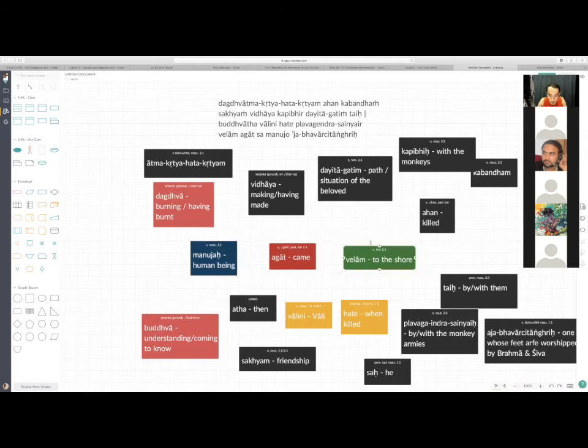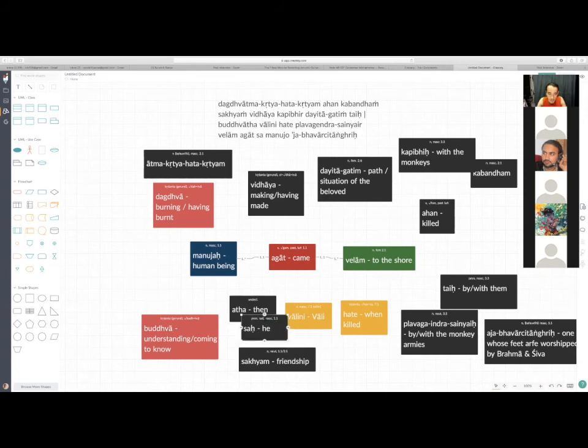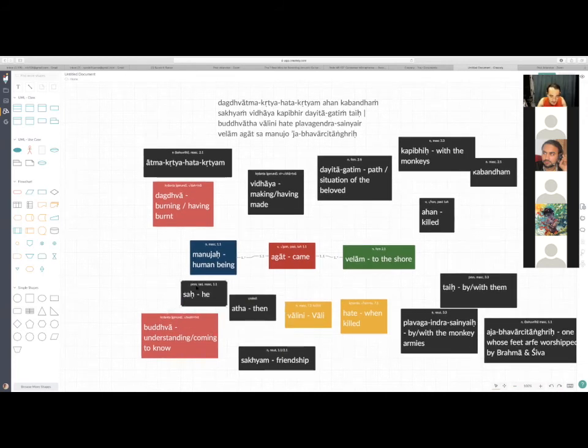Therefore, when we have Saha, he who. So very often in English, especially in a situation like this, when you have a more direct noun, Saha you just translate as that.